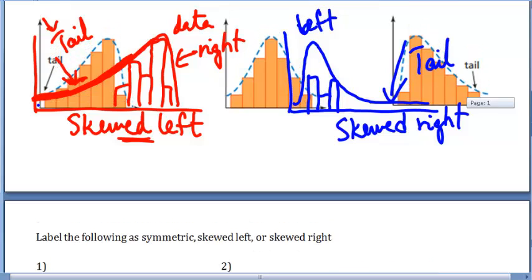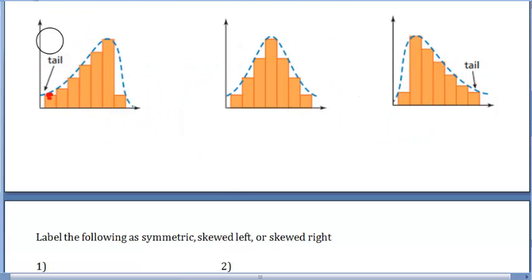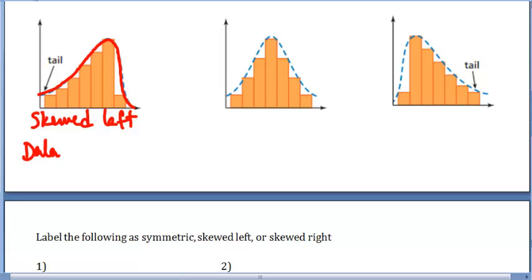For example, let's take a look at this again. In the first one, the tail right here, you see the bars. This is the long tail and it is to the left. The tail is to the left, so we call it skewed left, and we say that most of the data is on the right.